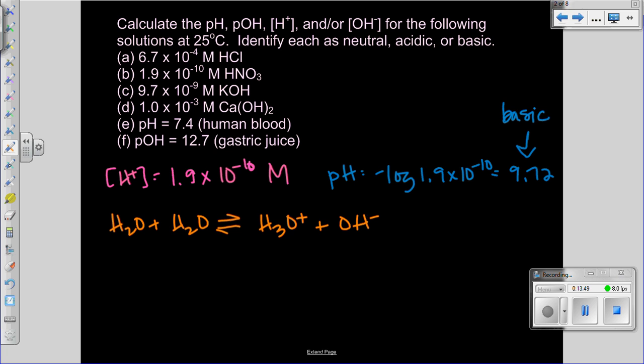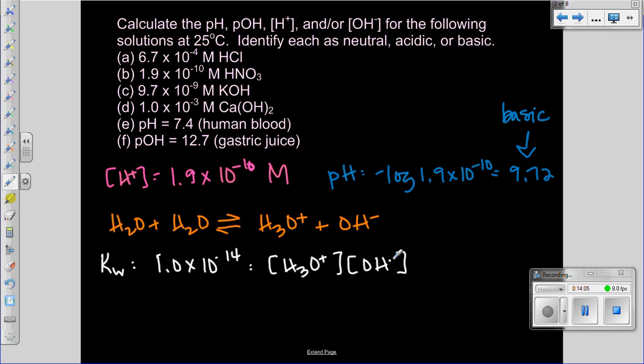And we learned that Kw, the ion product of water, 1 times 10 to the negative 14th equals the hydronium ion concentration times the hydroxide ion concentration. If I want to solve for these two, they're basically the same because they both have the same molar coefficient. So I've got 1 times 10 to the negative 14th equal to x squared, so x is equal to 1 times 10 to the negative 7th molar.